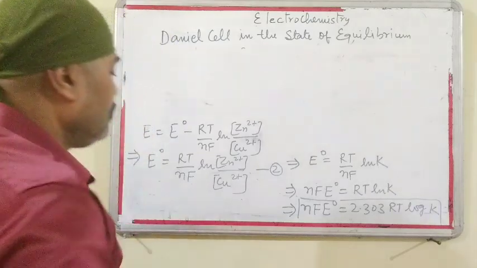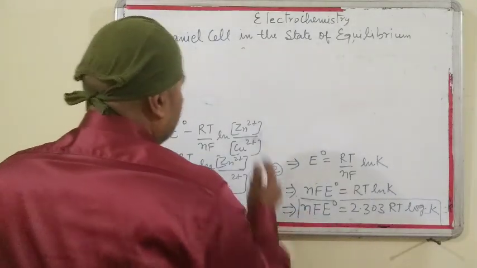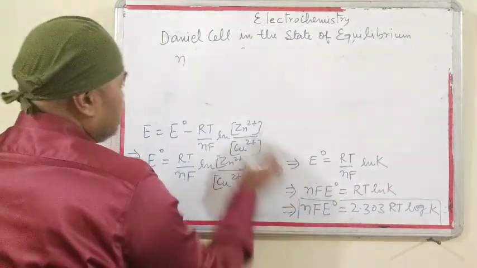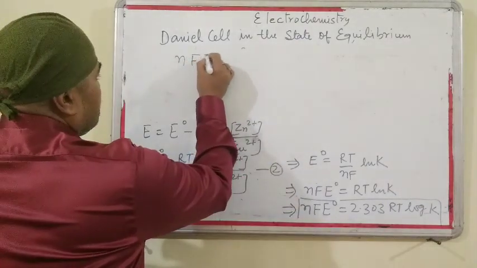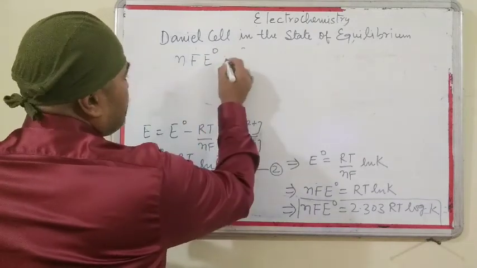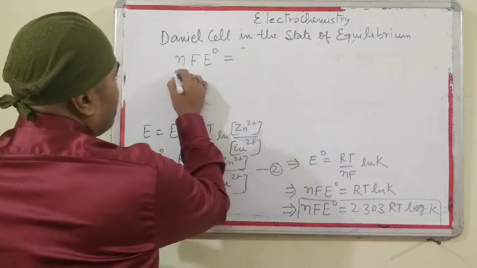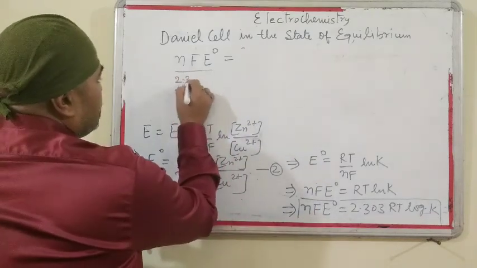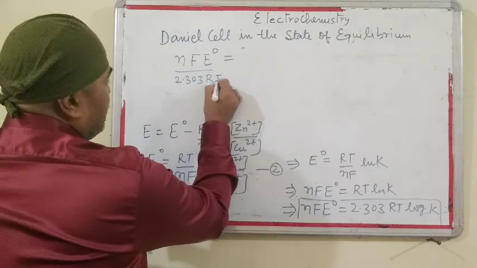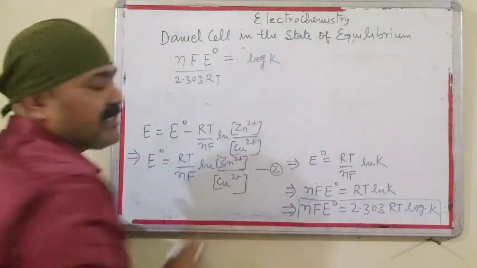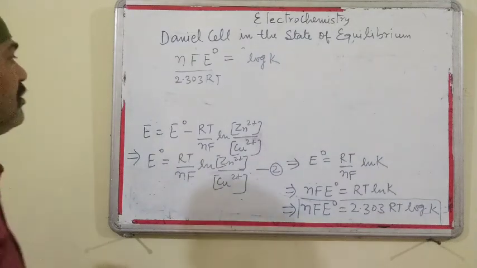So I am putting this one. First of all, I am arranging this equation in this manner: nFE0 divided by 2.303 RT equals log K. Clear?